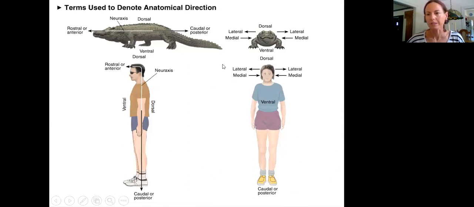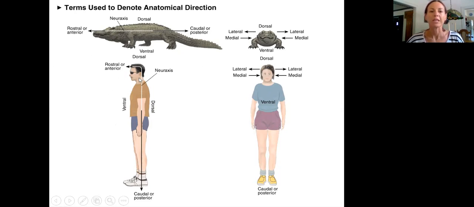Okay, I want to talk a little bit about anatomical direction because it will help you to learn some of these parts of the brain. So generally we think of the back side, we call it the dorsal side, and you can see on an animal the top of the head is also the dorsal side. That is true in humans as well, where the top of the head is also dorsal. But notice that the other side is the ventral side, and that's the stomach side, true in humans as well.